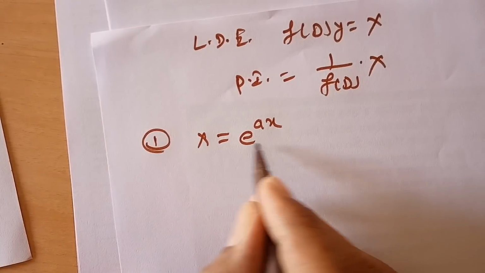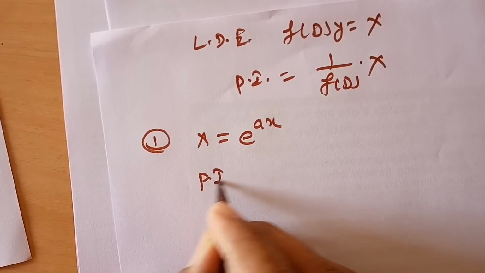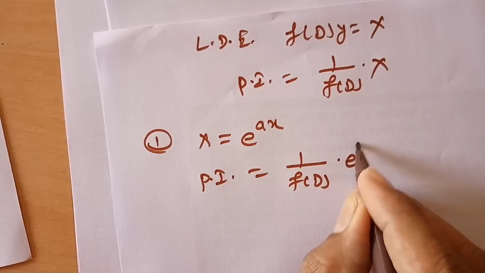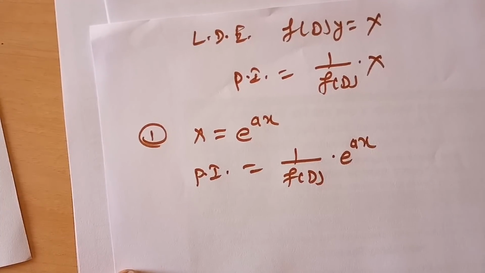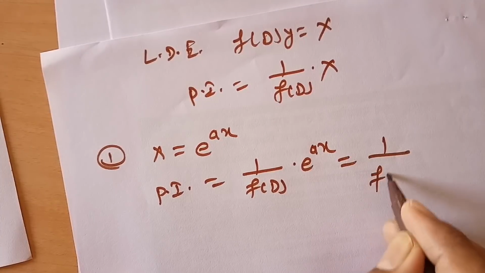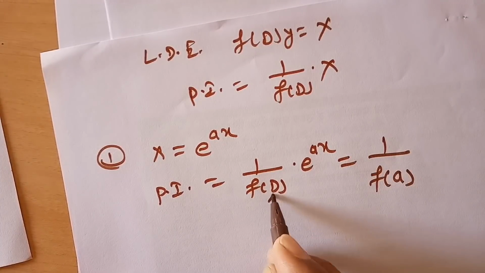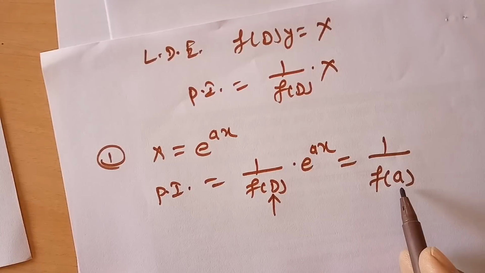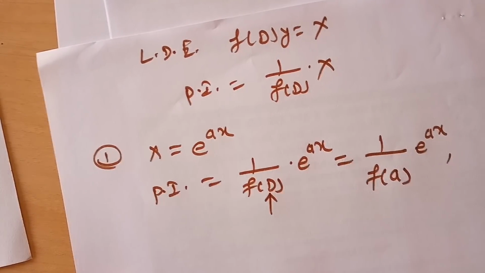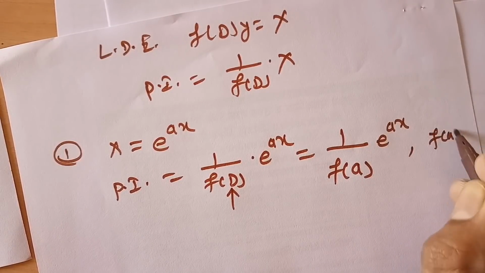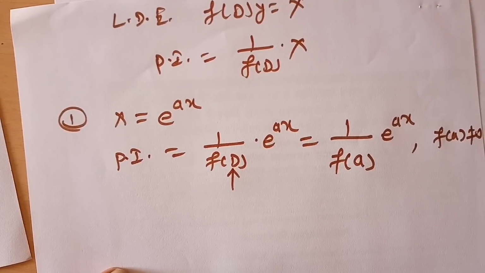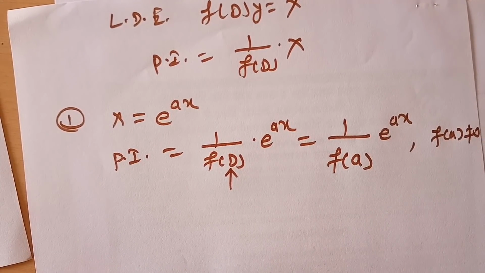Then our PI is 1 upon f of D into e raised to power x. Here you can directly find this PI as 1 upon f of a, e raised to power x, where we replace the operator D by a, and the condition is that f of a is not equal to 0.